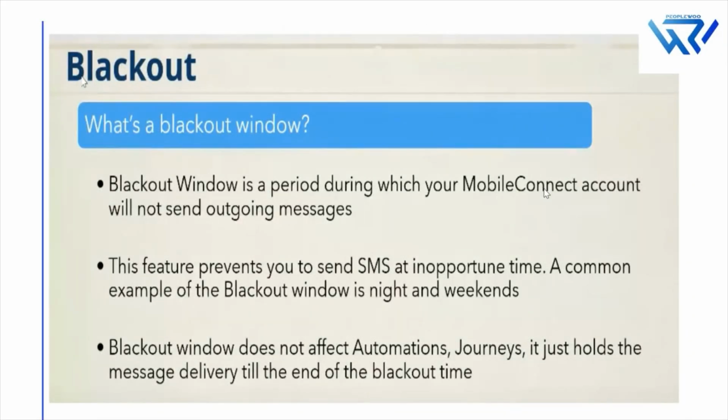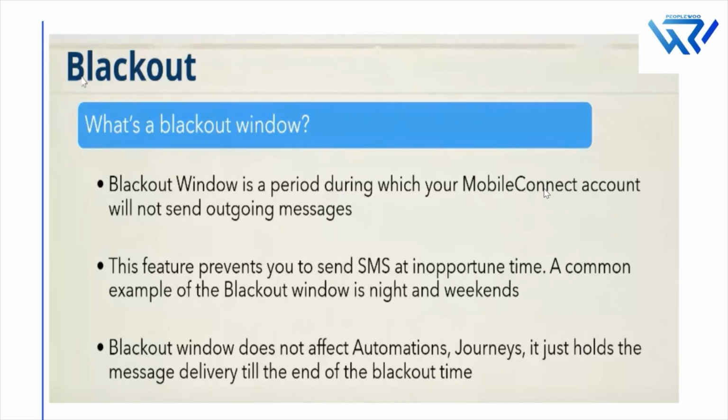What is a blackout window? A blackout window is a period during which your MobileConnect account will not send outgoing messages. That means you can set an automated window so that whenever somebody tries to send SMS, or any automation sends SMS at this particular time, it is auto blocked.